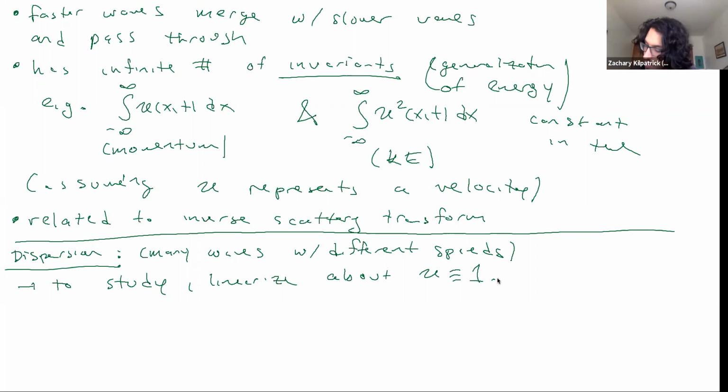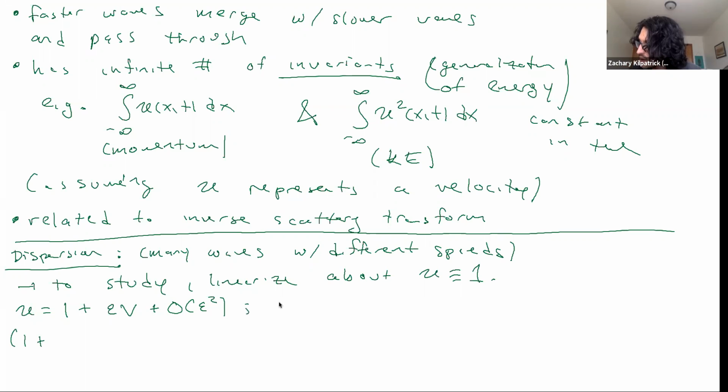So if I take u to be equal to 1 plus epsilon v, plus some higher order terms that are order epsilon squared, then I can plug that into my equation and just keep the linear epsilon terms. So this will be a little bit of a perturbation calculation.